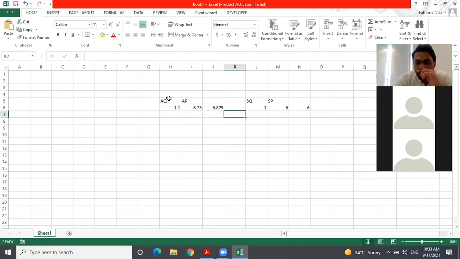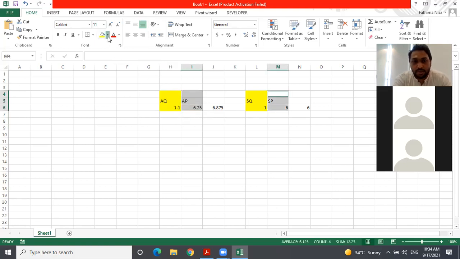Fine, 0.88. And one more thing: here actually there are two kinds of variance happening. One is variance in the hours plus the variance in the amount. One is efficiency variance. We were expecting that the employee will produce 1 unit in 1 hour, but he took 1.1 hours. Got it? So there is efficiency variance. In addition to that, there is also price variance.